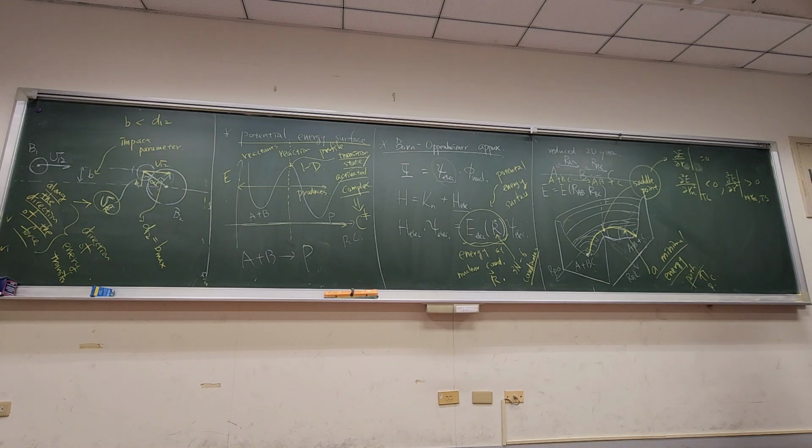Partial E, partial R, more than 0 for R doesn't equal RC. Isn't that true for the entire reaction profile? This is only meaningful at the transition state, not the whole reaction profile.